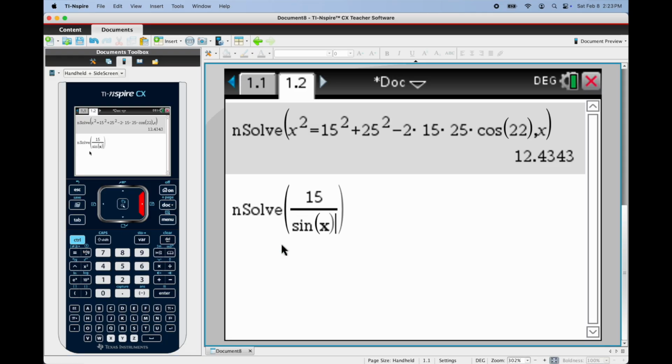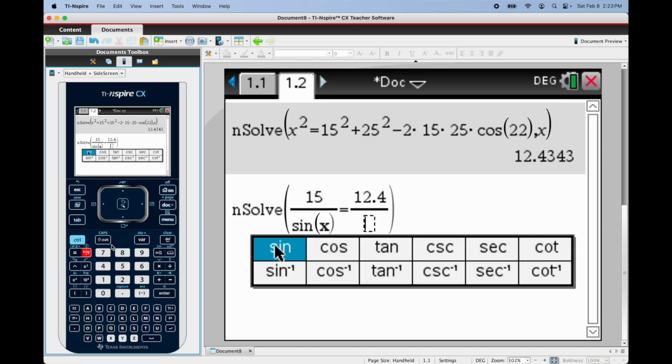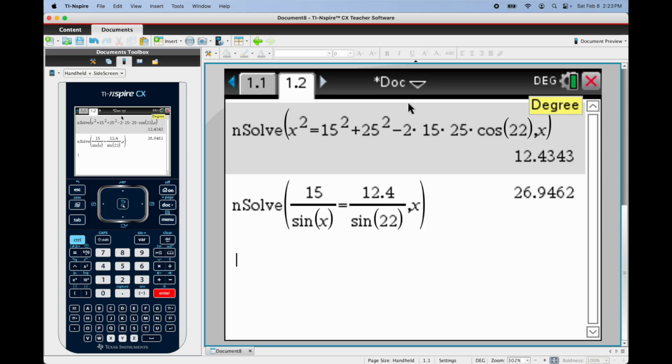Sine x is equal to another fraction, 12.4 over sine 22, and then let's ask the calculator to solve for x. Make sure we're in degrees. Still good. So the answer in the end is 26.946.